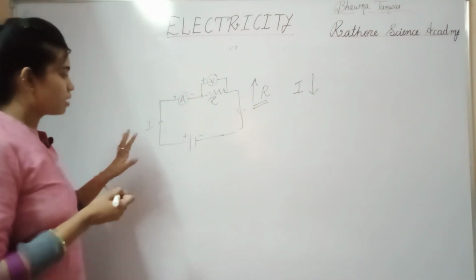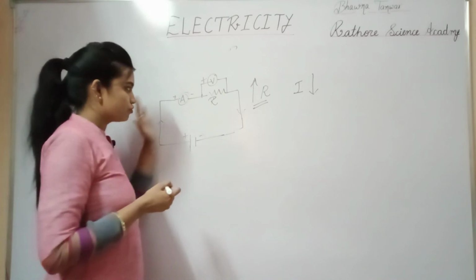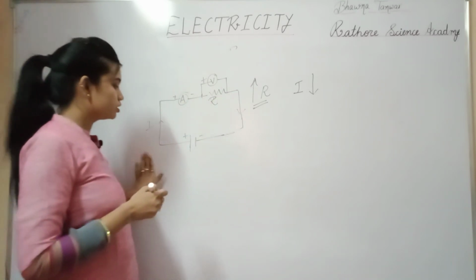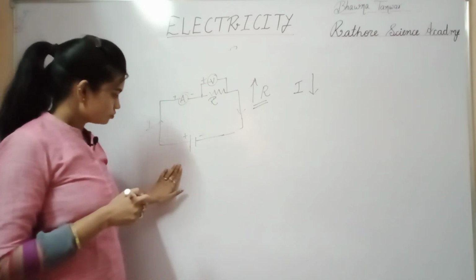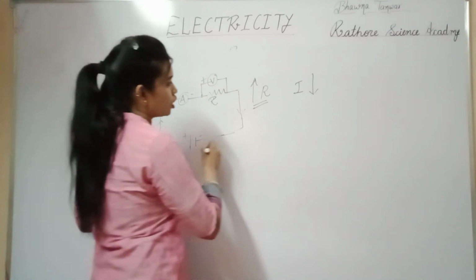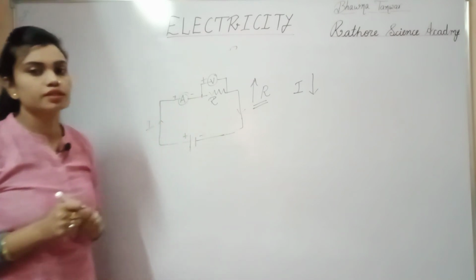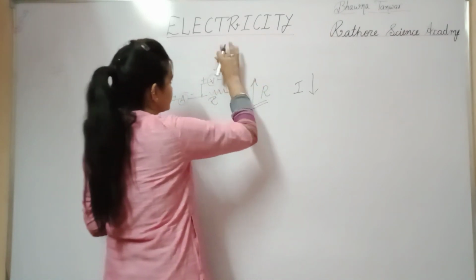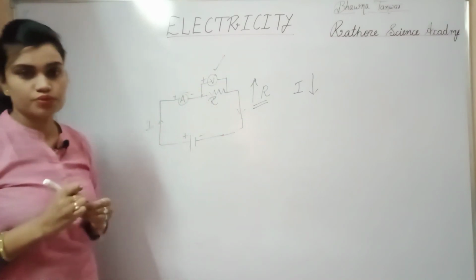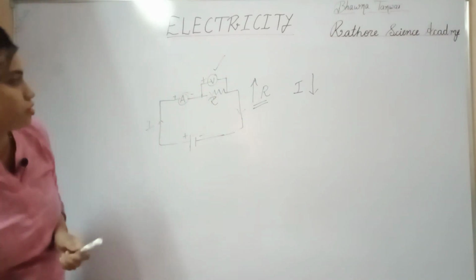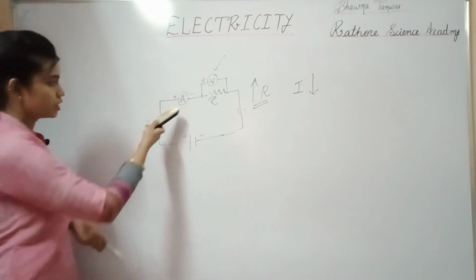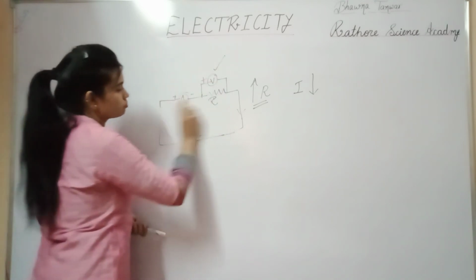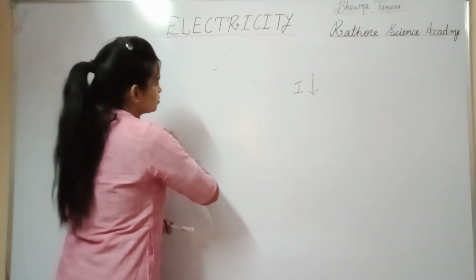So the amount of current flowing inside the circuit will be reduced, and we are unable to get the proper amount of current in the circuit. That's why the voltmeter is always connected parallel to the circuit. Got it? The ammeter is always connected in series combination, and the voltmeter is always connected in parallel combination in the circuit.